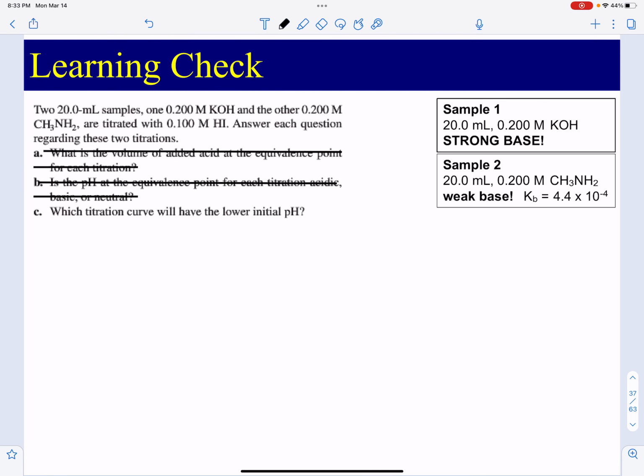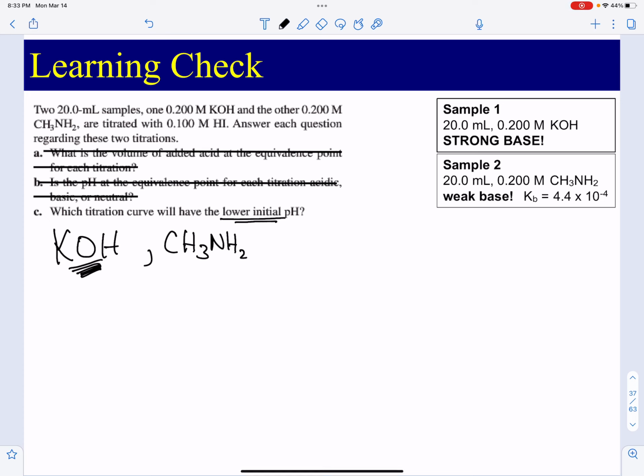Next question, which titration curve will have the lower initial pH? So we are titrating a strong base and a weak base. So which one will have the lower initial pH? Lower initial pH means most acidic. This one is a strong base.